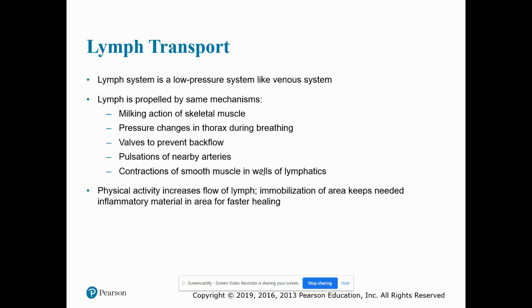So the lymph system is a low pressure system like the venous system, and it's propelled by the same mechanisms. If you remember when we talked about the ways that blood is returned in the venous system, it's done by things like the milking action of skeletal muscle, the changes that occur during breathing, and the valves to prevent backflow.